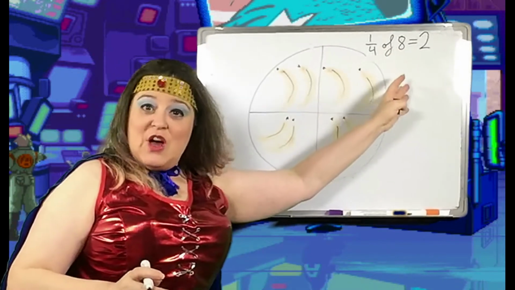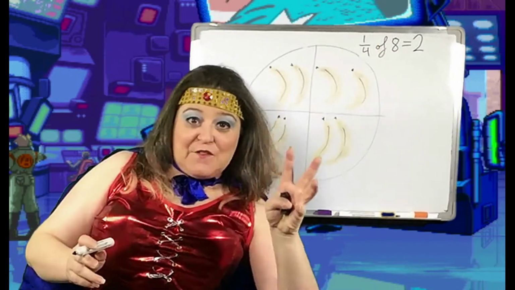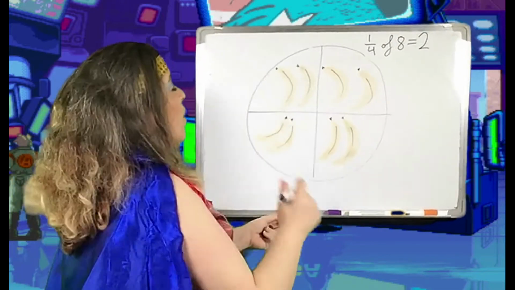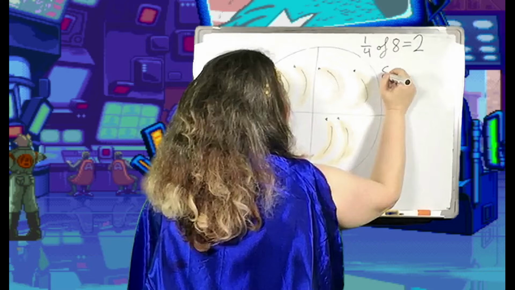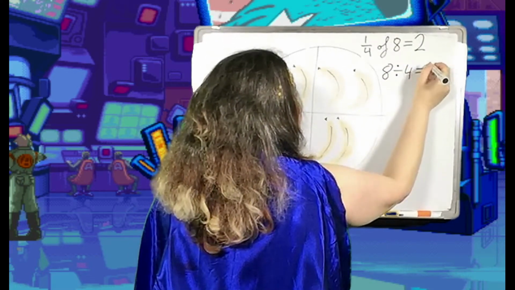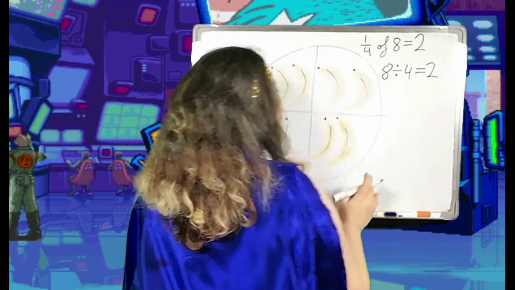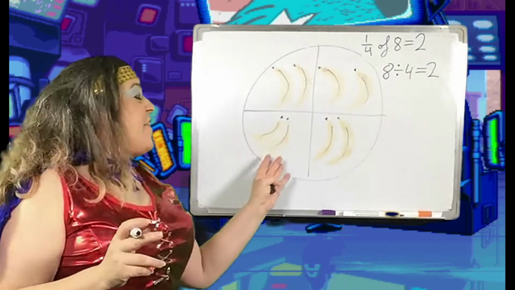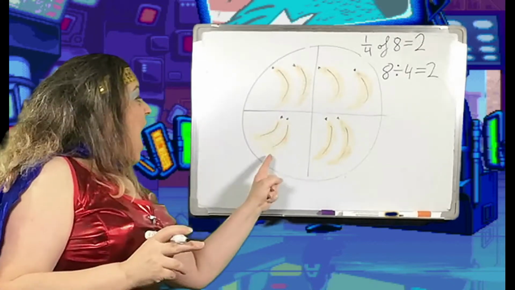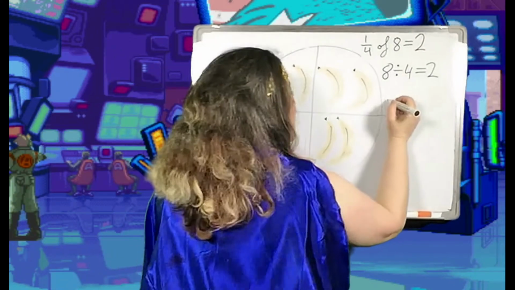Now we also know that fractions and dividing have a lot in common. So we can also say that 8 divided by 4 is 2. So another way of working this out would have been, I took 2 bananas.